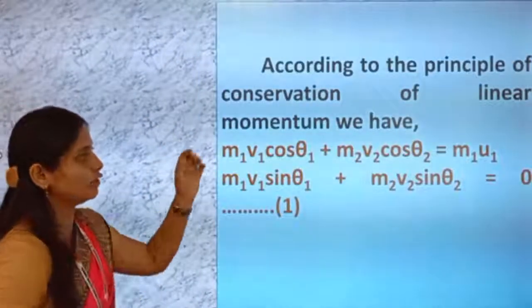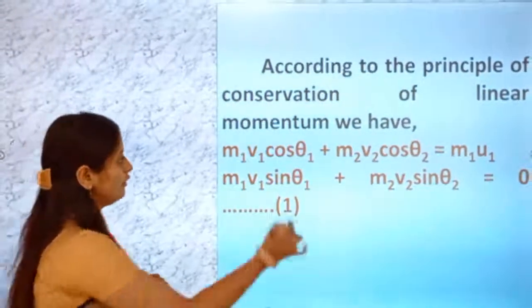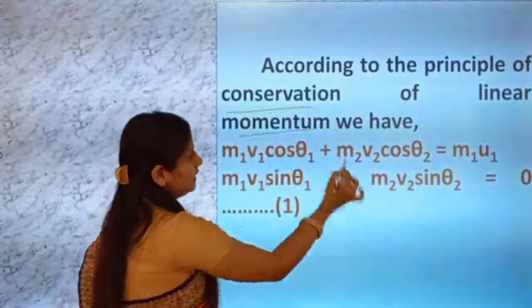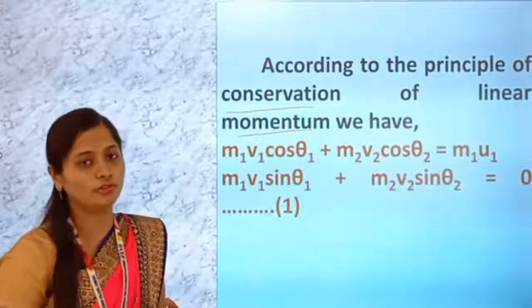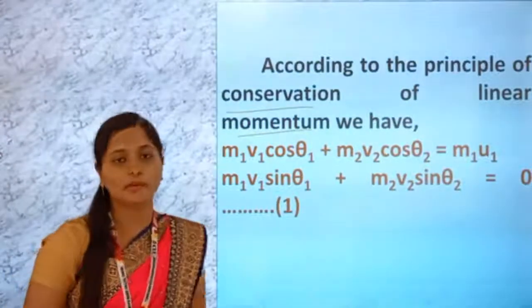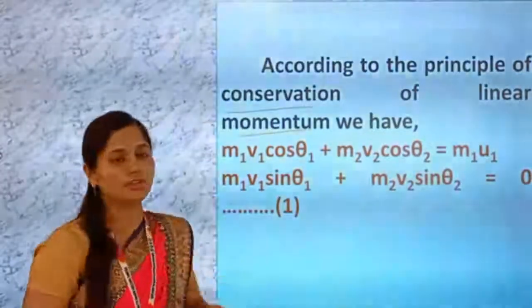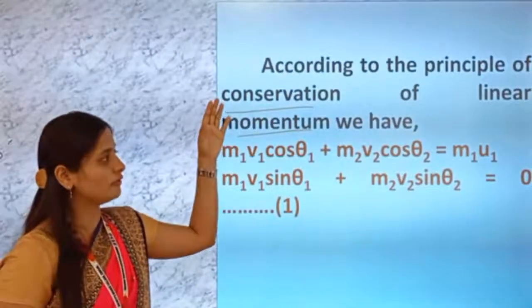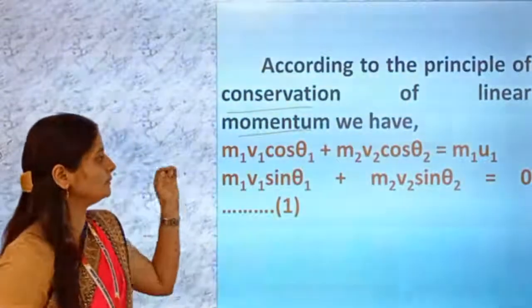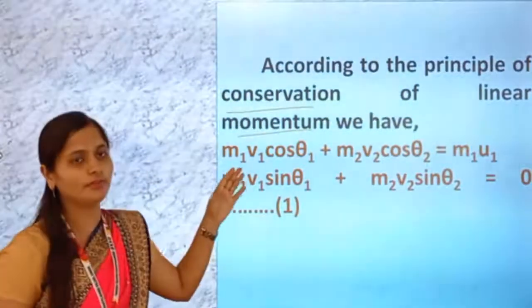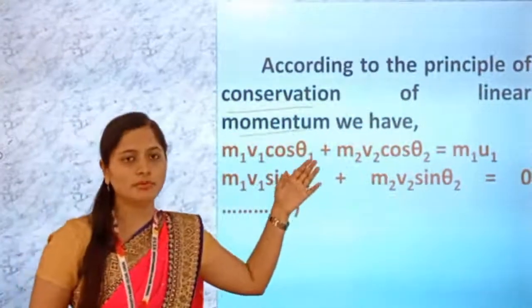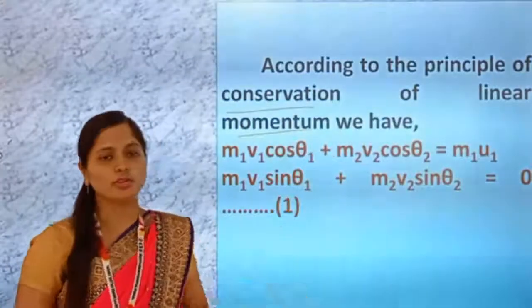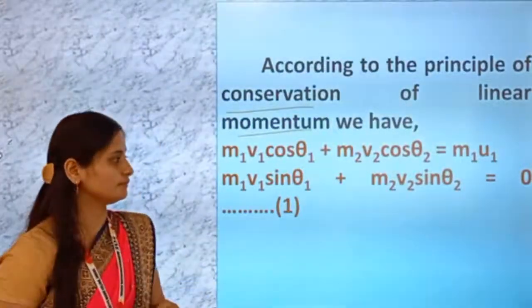According to the principle of conservation of linear momentum, next what we have to apply is the principle of conservation of linear momentum. By applying it, we get m1 v1 cos theta 1 plus m2 v2 cos theta 2 equals m1 u1.